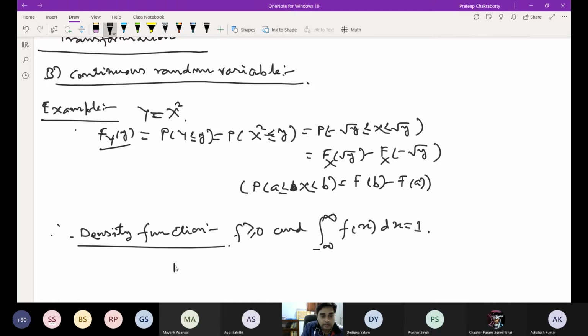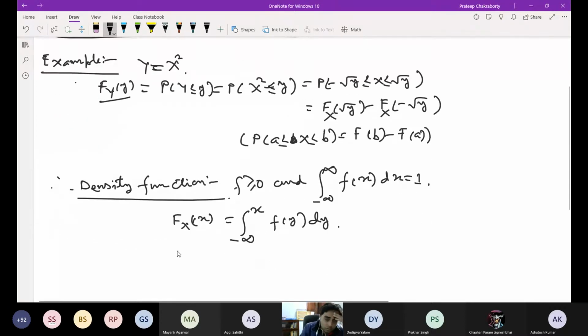Then we define the distribution function from the density function by the integral from minus infinity to x of f(y) dy. So f(x) is equal to F prime(x), the derivative at the point x.